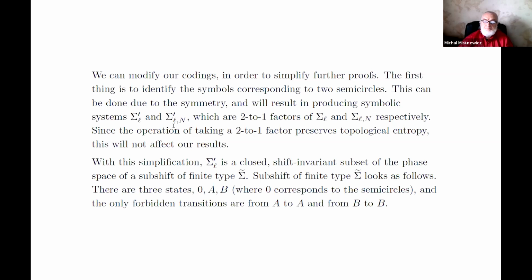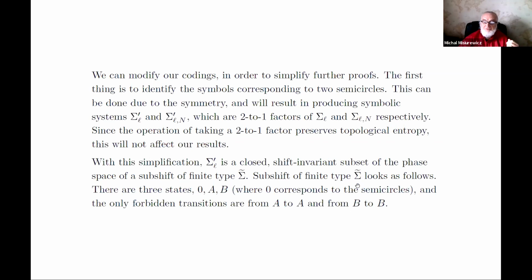So we can do it. And with this simplification, it's sigma L prime, a closed shift invariant subset, and is a subset of the phase space of some subshift of finite type.